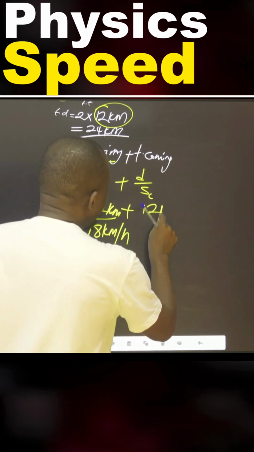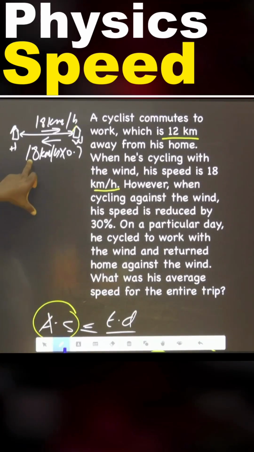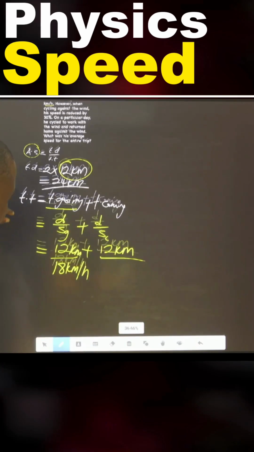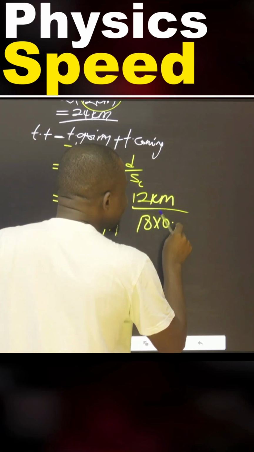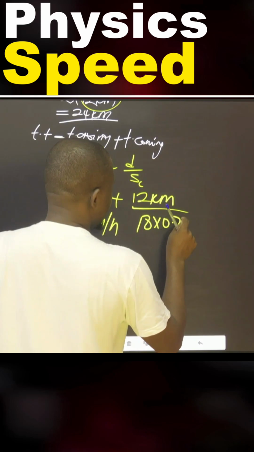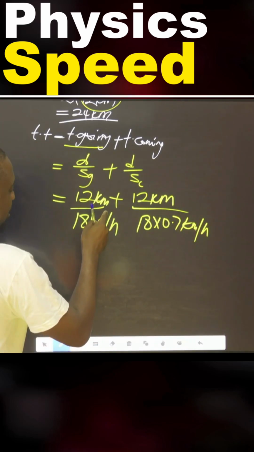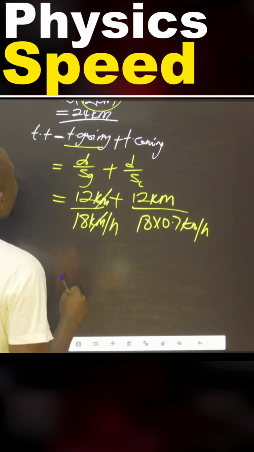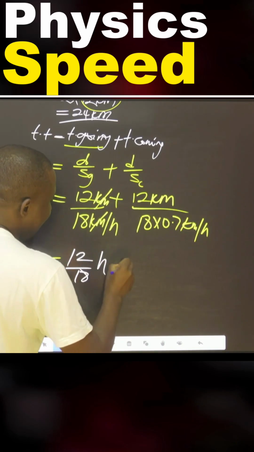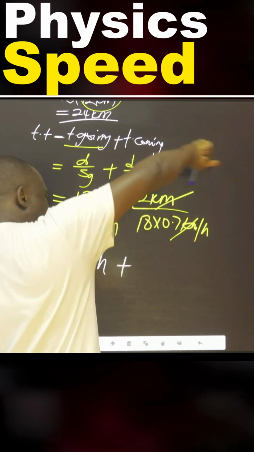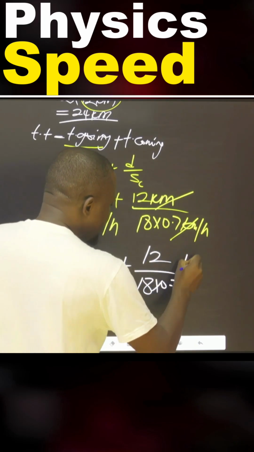And the speed coming is 80 multiplied by 0.7 kilometer per hour. This and this will cancel. Hour will go up. That is 12 over 18 in hour.